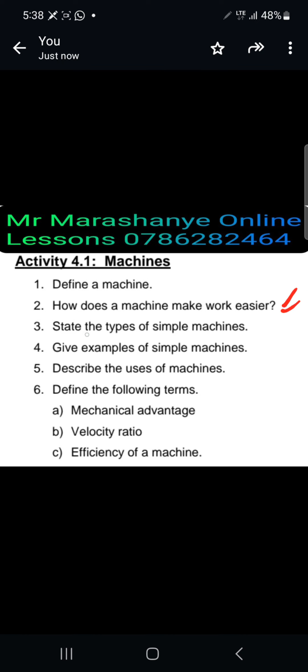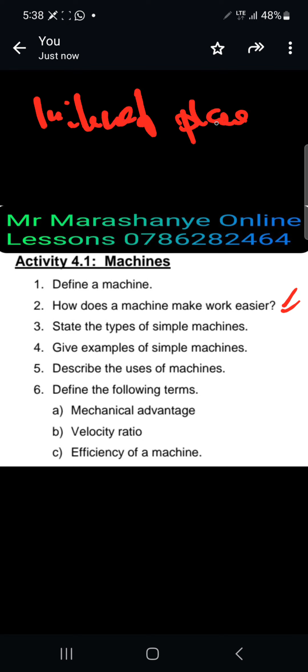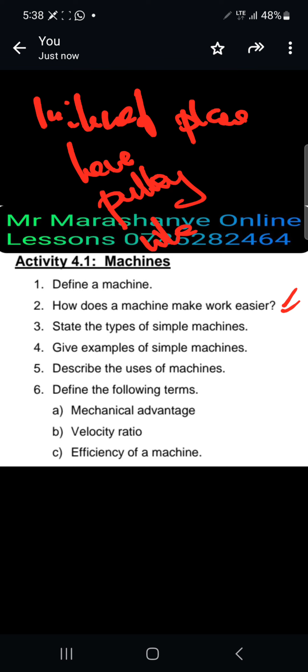Next one, state the types of simple machines. This question is just asking you about the types of machines, which include inclined plane, lever, pulleys, wheel and axle, and the screw.